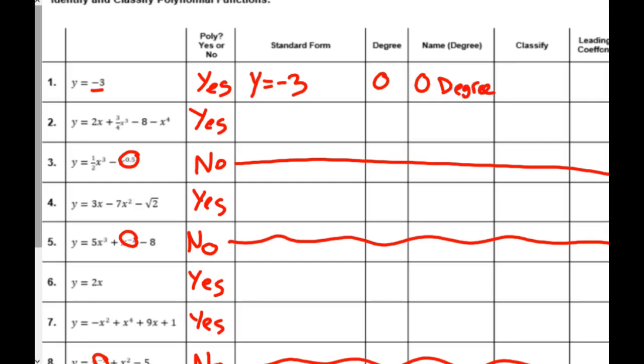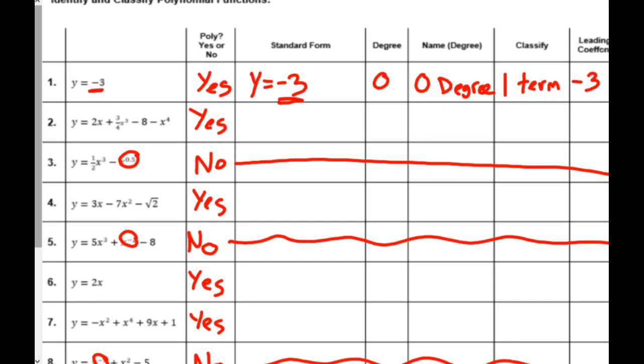Last but not least, last 2, classify it. How many terms did we say we have? That's 1 term. I know it says negative 3, but that's 1 term. So 1 term, and the leading coefficient. Now, if there's only 1 term, there's only 1 coefficient. What's that number? Negative 3, okay? So usually it's the number in front of the highest power, but we'll see that on number 2.